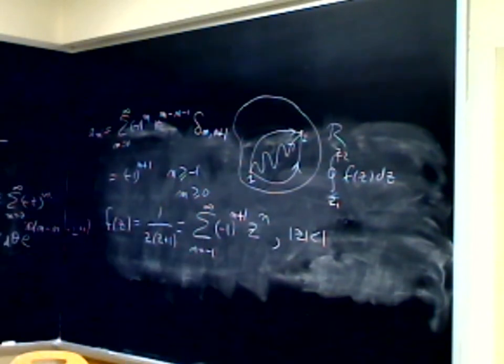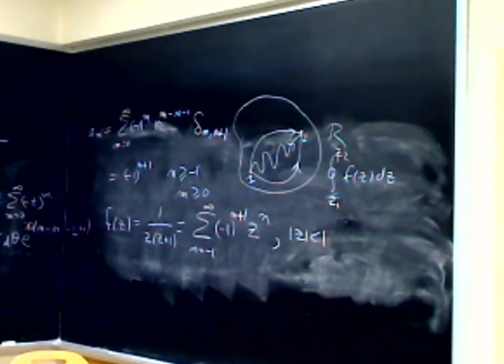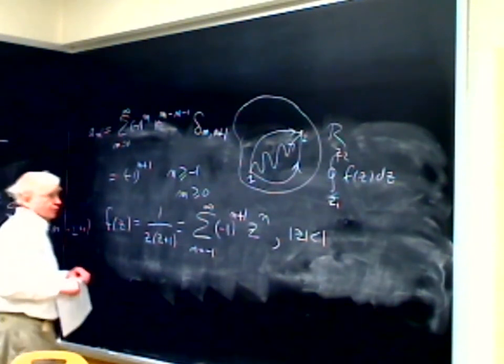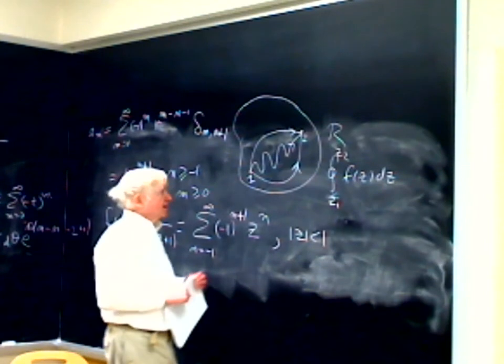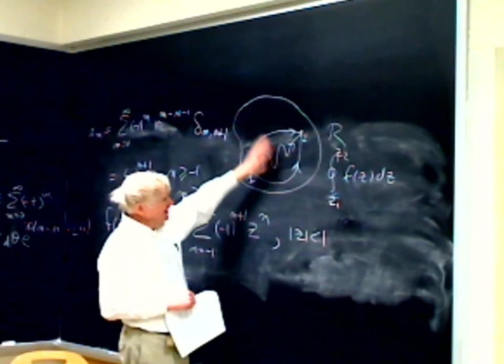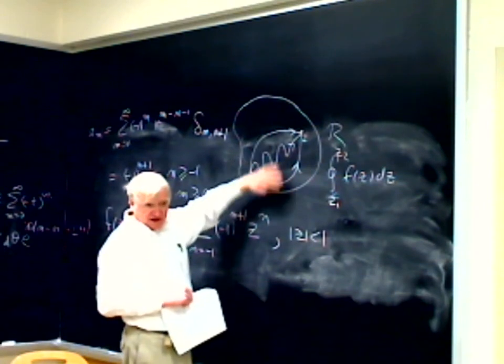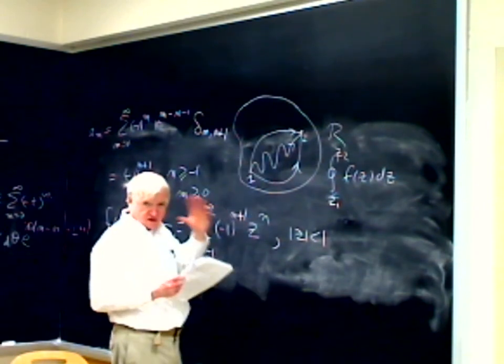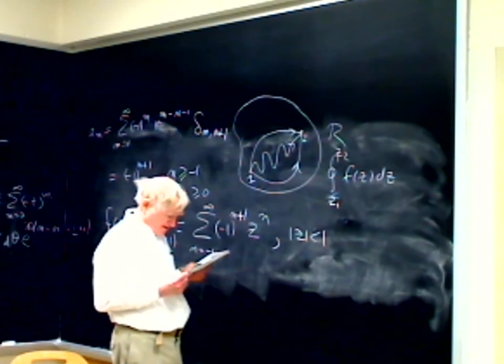In other words, the contour integral only depends upon the endpoints. As long as you stay within a region of analyticity, in other words, you deform the contour in a region of analyticity and you never cross a singularity, then the contour integral is a constant.